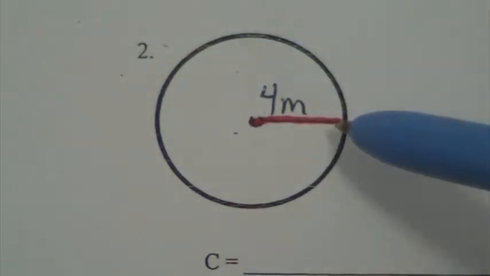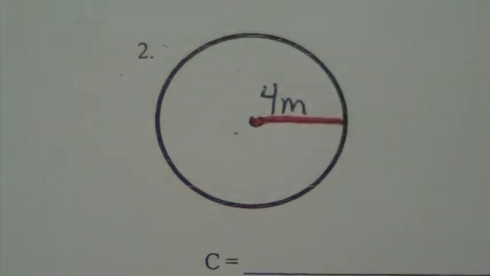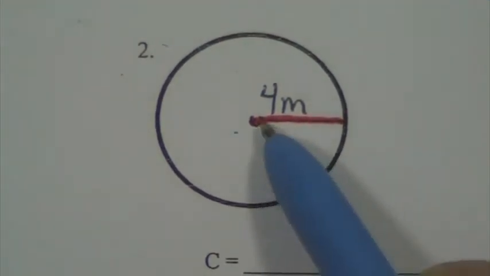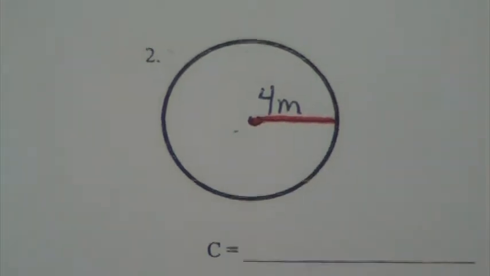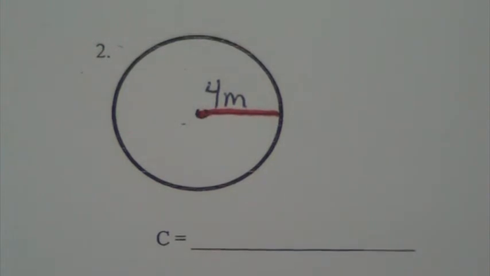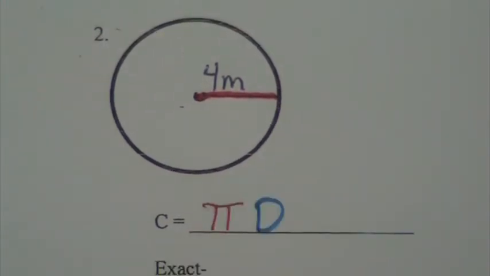Okay, our second example, we have 4 meters. Now this is not the diameter though. This is the radius. Okay, so our formula, remember, at least the one that I like to use, I like to use pi times diameter.